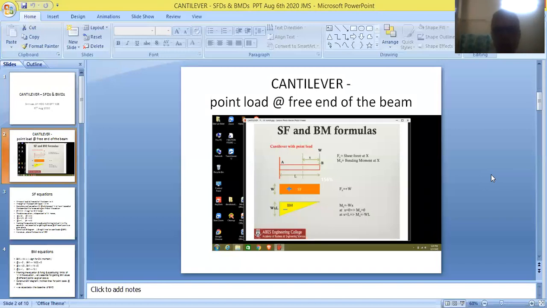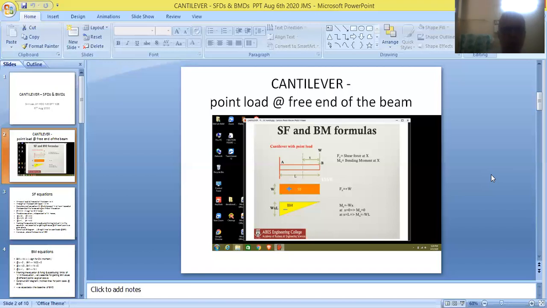So friends, in this slide we can see the arrangement of a cantilever, and here a point load is acting at the free end of the beam. This figure indicates a point load that is acting at the free end of the cantilever beam.